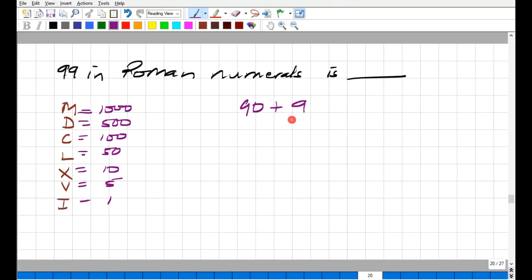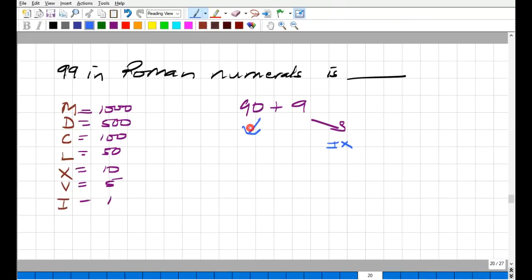90 plus 9. What represents 9? Sir, LX? L is 50. No, sir. IX. Okay, so IX.